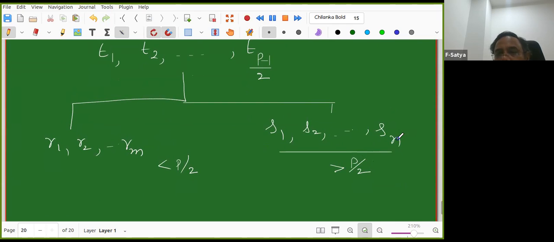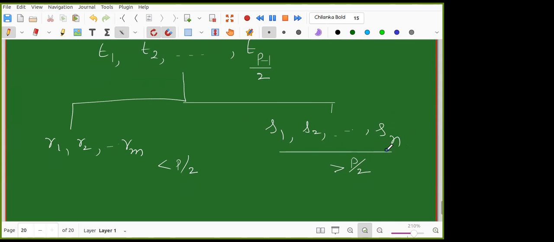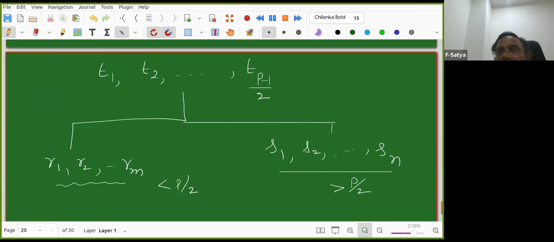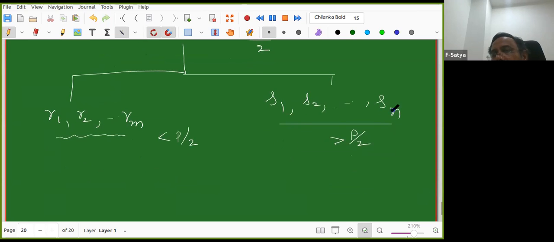N is what? You forgot. N is the number of remainders which are greater than P by 2. So I am saying some m numbers in this are less than P by 2, n numbers are greater than P by 2. That is why I took n. Okay, very good.